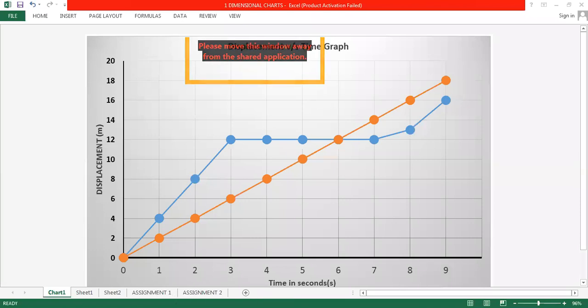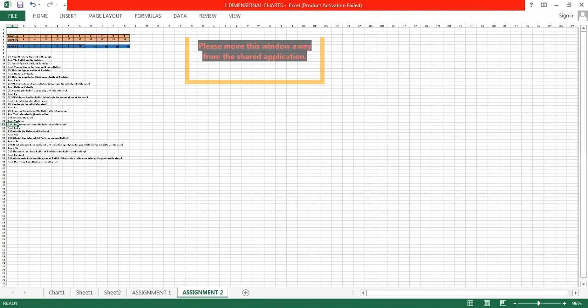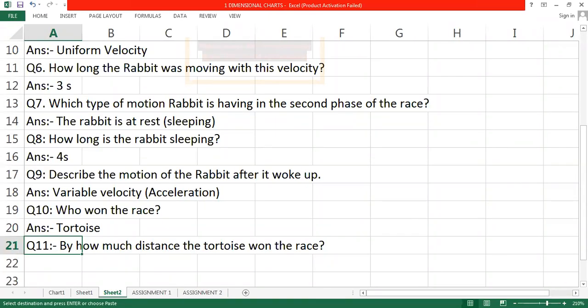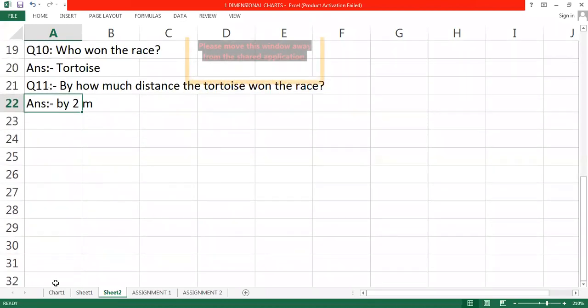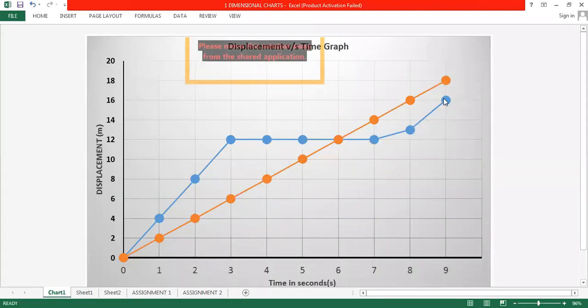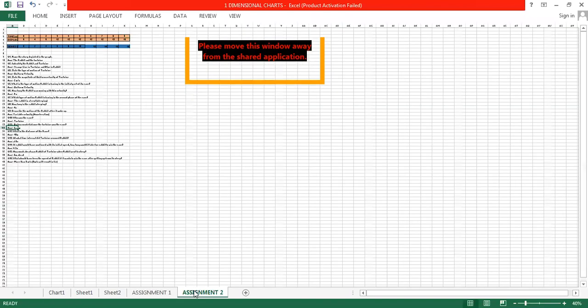Brilliant answer. You will find he won the race by 2 meters. Exactly, because in this graph you will find that the rabbit is at 16 and the tortoise is at 18. So by 2.